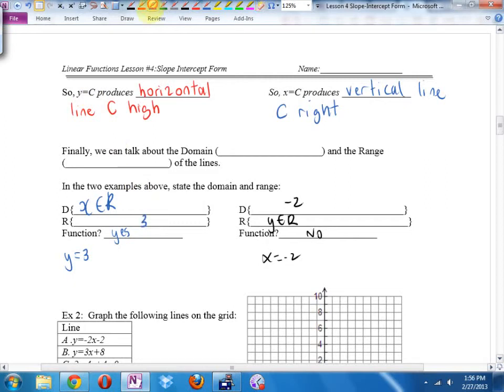So let's cross out the 3, put a C there. If you have y equals some number, your range is that number. And the same thing for the x's except for domain. So they actually said x equals C. The domain is going to be whatever that number is.